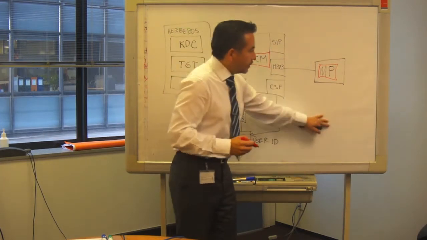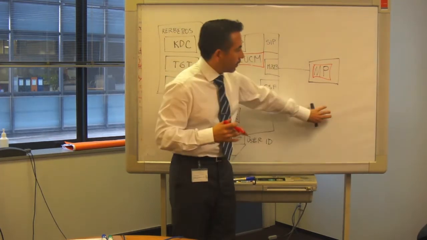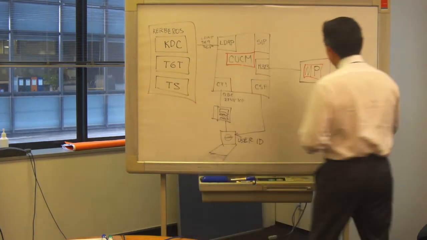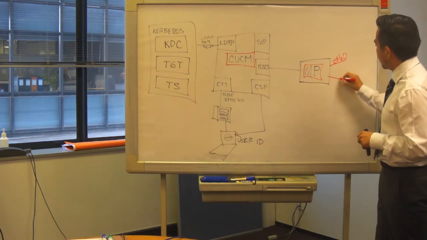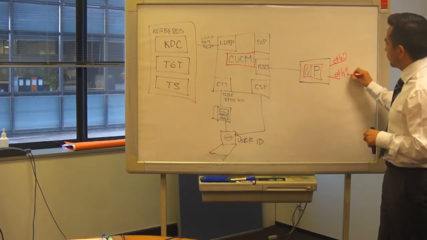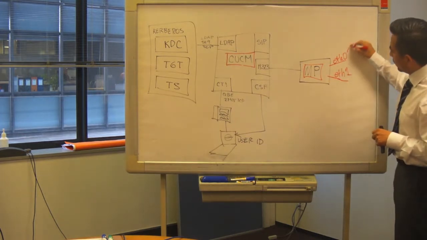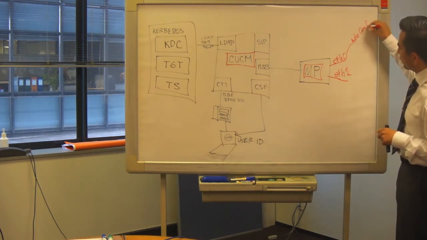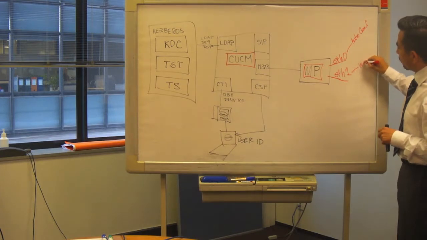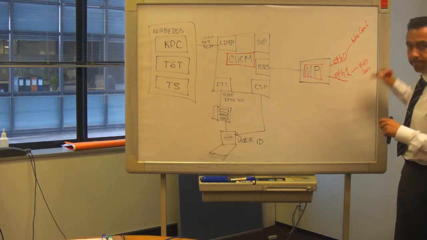Now, Meeting Place has two Ethernet interfaces: Ethernet 0 and Ethernet 1. One is for the audio conference, and the other one is for the web conference.